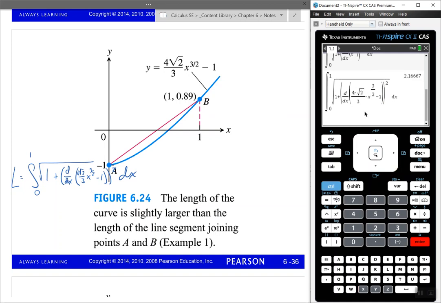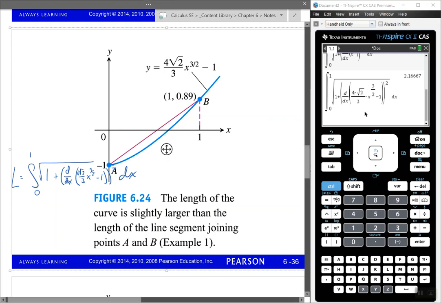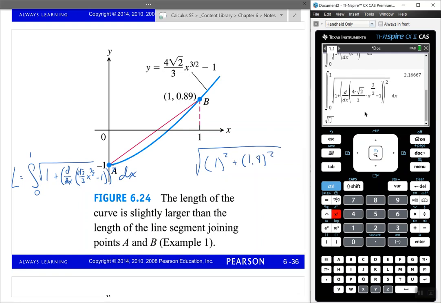Okay, so 2.16, we'll call it. And if we look at this, hopefully we're in the right ballpark. If we take a look at the height there, it is 0.89. So the distance formula would be the square root of the difference of the x's, so that's 1 squared, plus the difference of the y's, which is 1.89 squared.